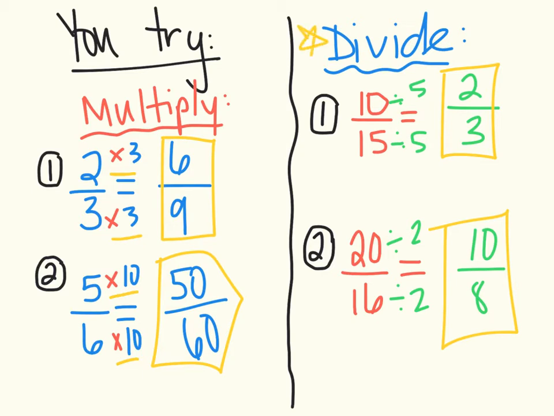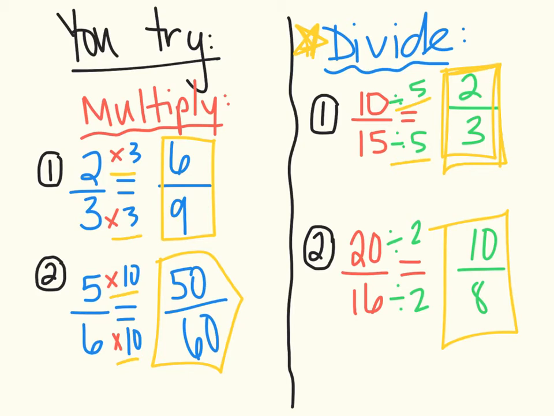Division is where it gets a little bit more tricky, where you actually don't have as many choices because you have to look for that common factor or that common number to divide into both the top and the bottom. So for number 1, I divided by 5. That's the only common factor between 10 and 15. And I got an equivalent ratio of 2/3.